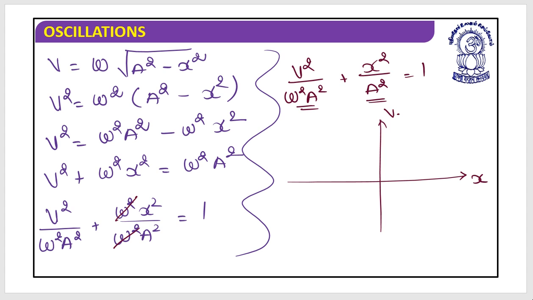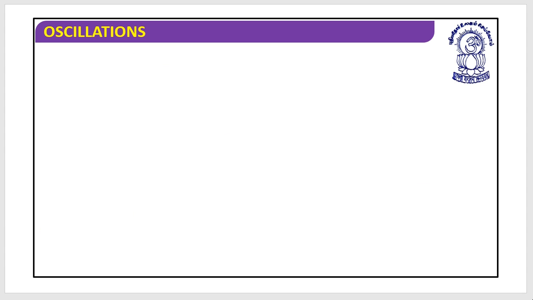What do you think? Do you have any idea? Is this a circle, or an ellipse, or a straight line, or could it be a parabola or hyperbola? What does it represent? No? So let me help you understand that first.